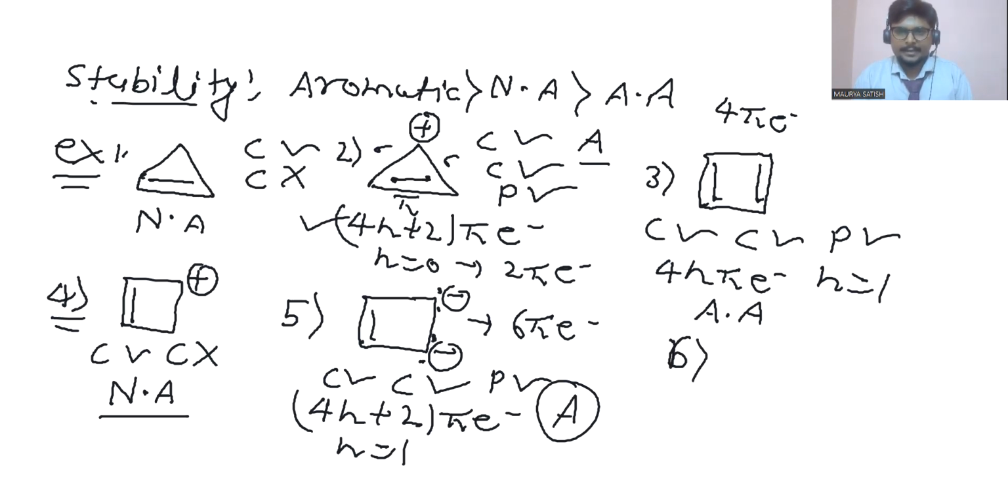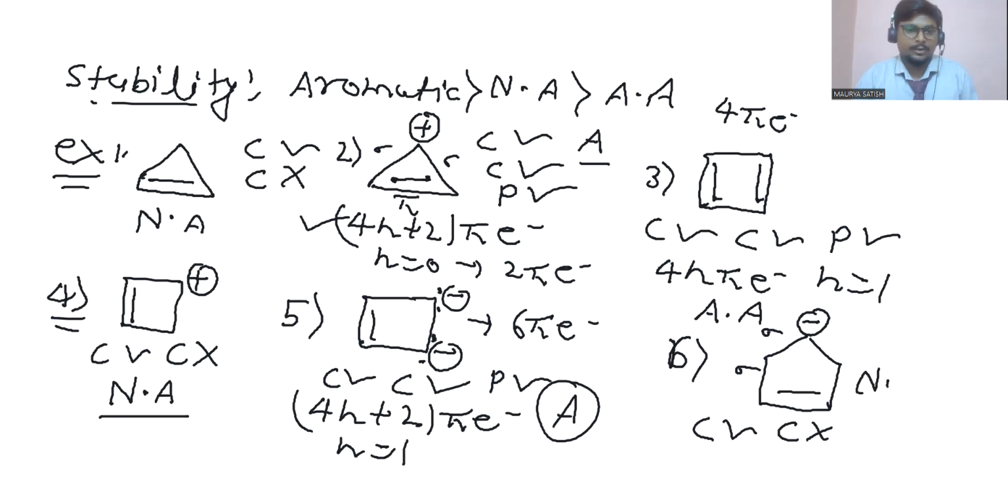So take one more example. If I'm taking this one: pi sigma sigma. Obviously cyclic is there, but conjugation is not present because continuously 2 sigma bonds are present, so conjugation is not possible, so it is non-aromatic. So see one more example.